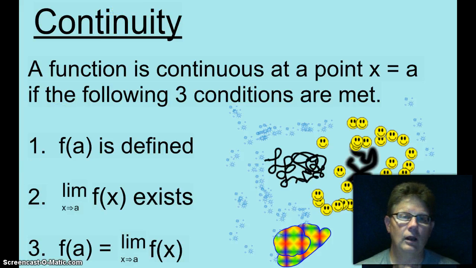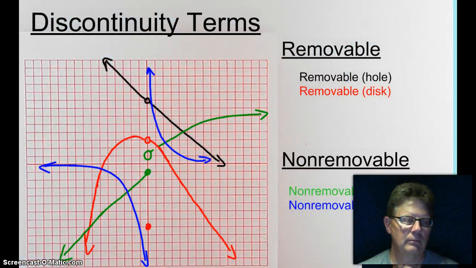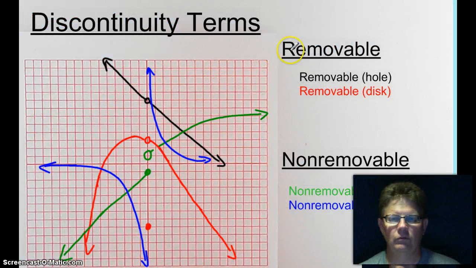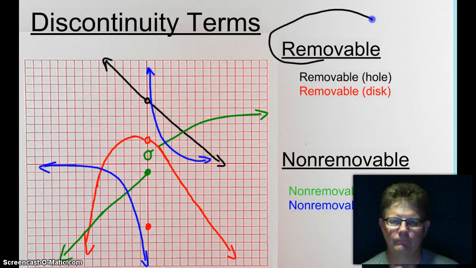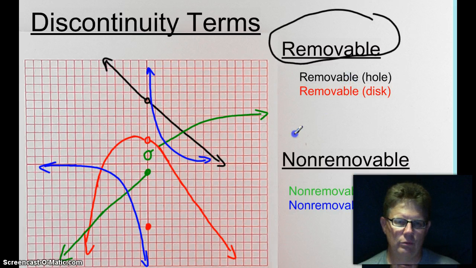Alright, let's talk about discontinuity. Discontinuity terms. You've got removable, and they're either a hole or a disk. Red is removable. That's the red one.